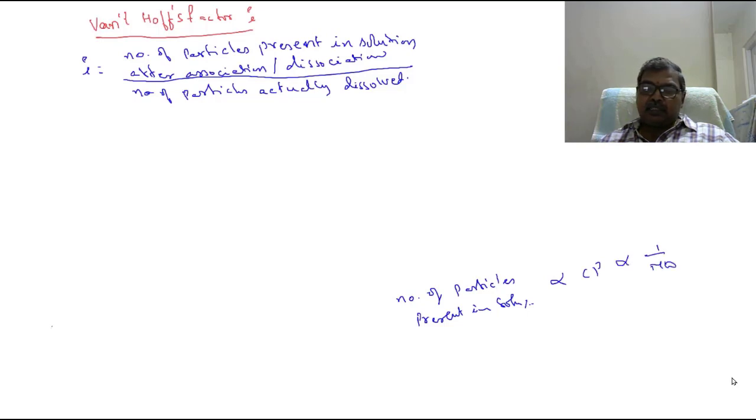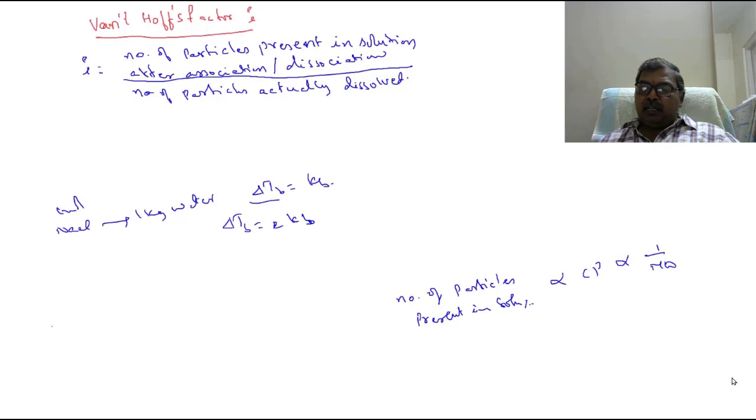Just now we discussed 1 mole NaCl dissolved in 1 kg water. Actually, we should get delta Tb equal to Kb, but we got delta Tb equal to 2 Kb, right?